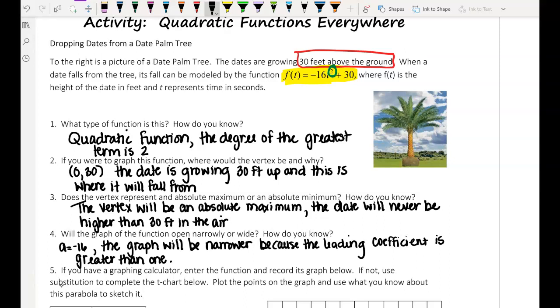The negative tells us it's going to open downward, and the 16 means that the growth is faster. The negative tells us it will open downward.